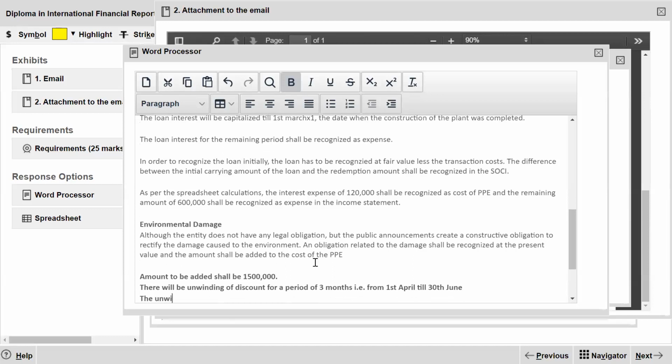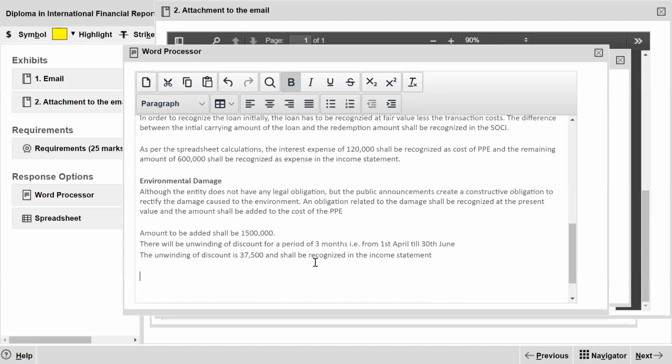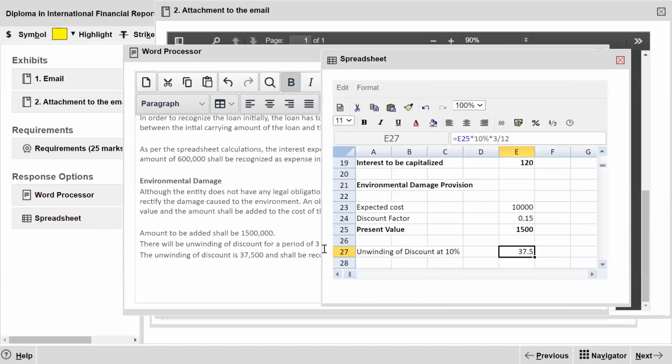The unwinding of discount is 37,500 and shall be recognized in the income statement. Right, so this is how you would actually do it.